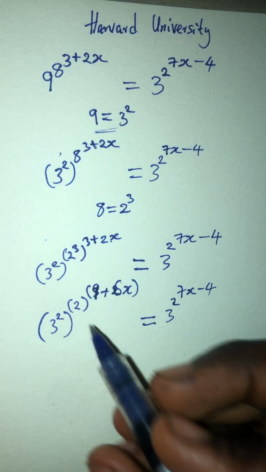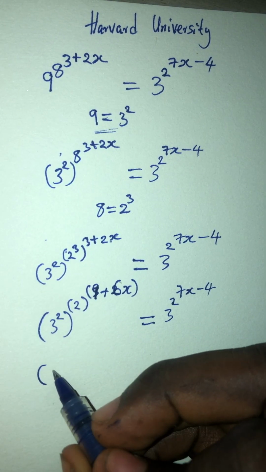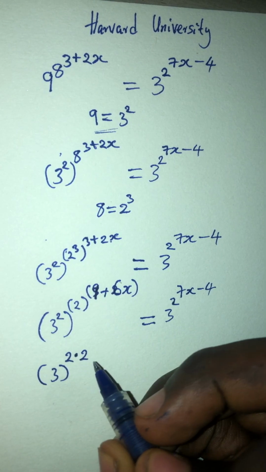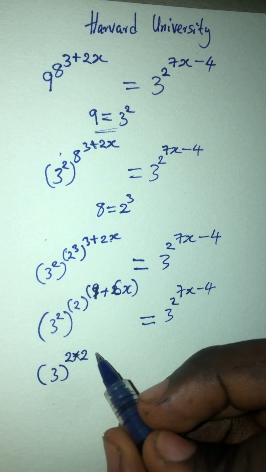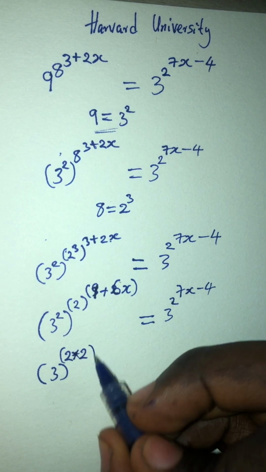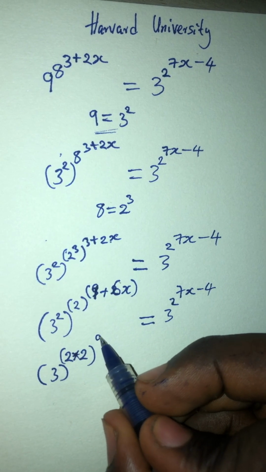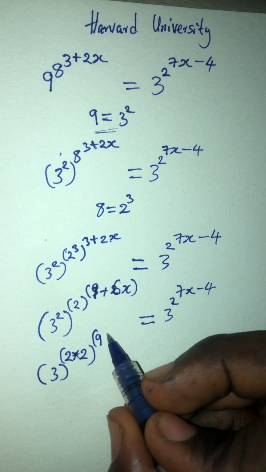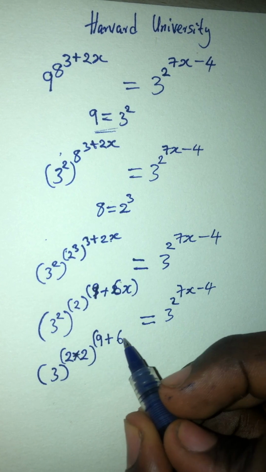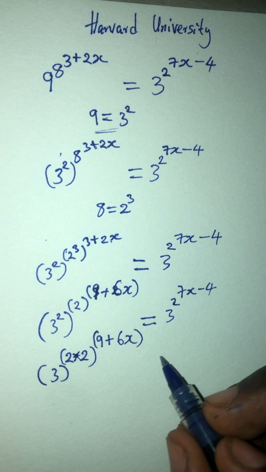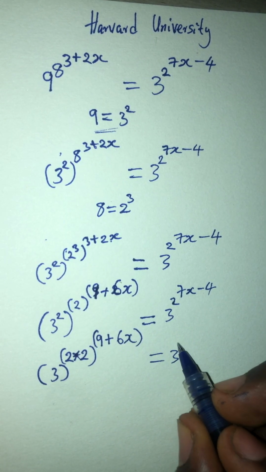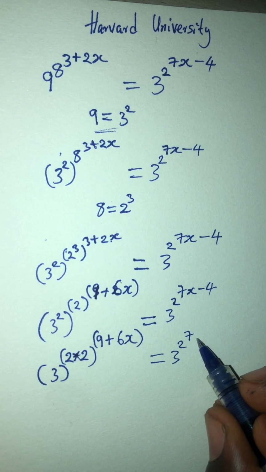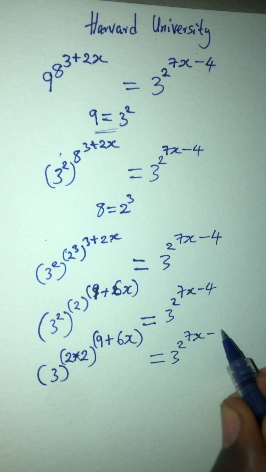And here we can write this as 3 raised to power 2 times 2 raised to power 9 plus 6x. This is equal to 3 raised to power 2 raised to power 7x minus 4.